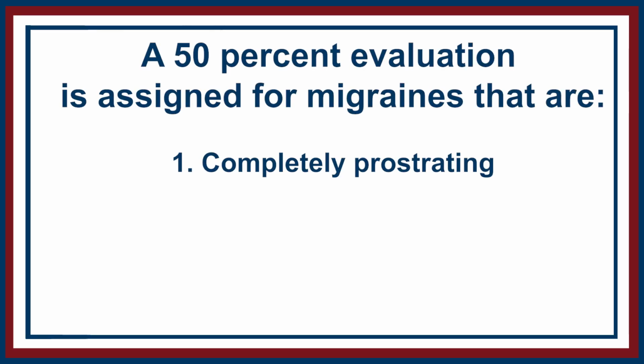All right, element number 1, your migraines must be prostrating. Yes, that's right, prostrating. Now, what does that mean, Ed? Well, unfortunately, VA law does not define prostrating, but there is a definition we could use. The VA adjudicators, the people at the regional office, use a manual called the M21.